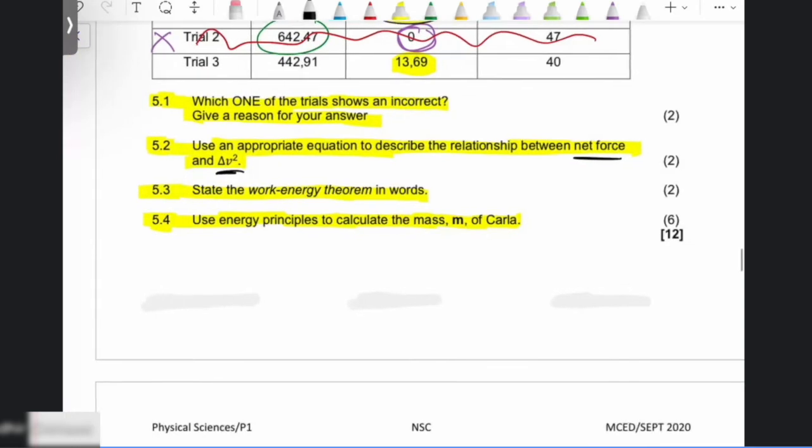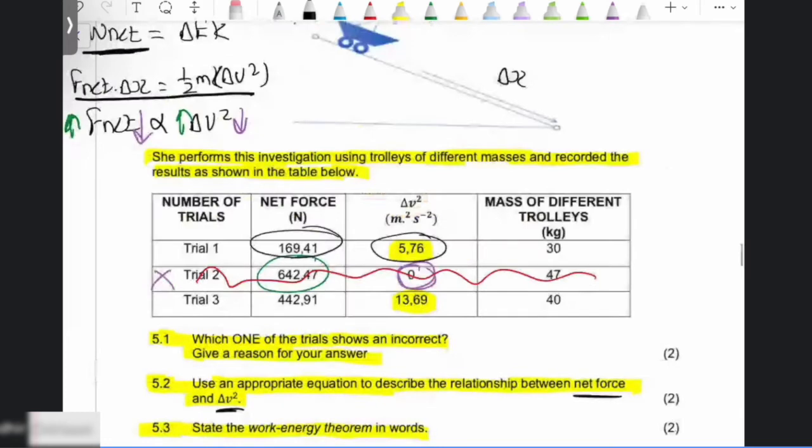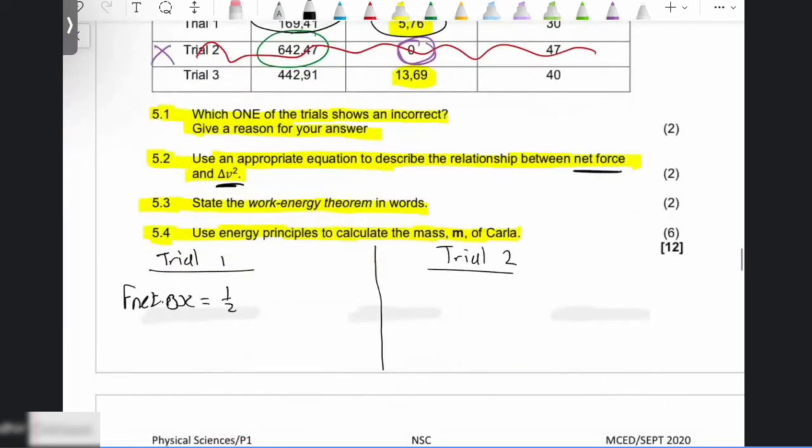Let me try it. I'm going to do this for trial 1 on this side, and for trial 2 on this side. What we're supposed to know for trial 1 is that F net times delta X is equal to a half m times delta V squared. The same goes here. Yes, this was incredible, man.